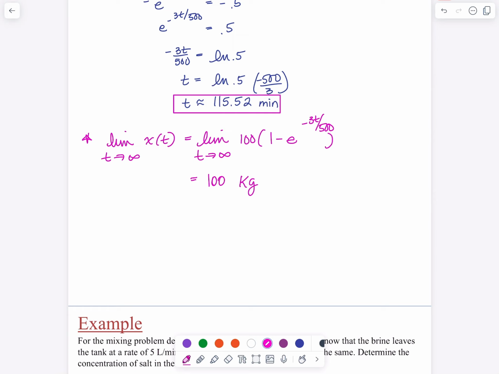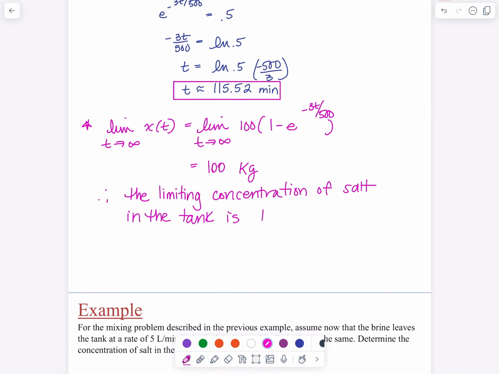So now the limiting concentration of salt in the tank is 100 kilograms divided by 1,000 liters, which is going to be equal to 0.1 kilograms per liter.